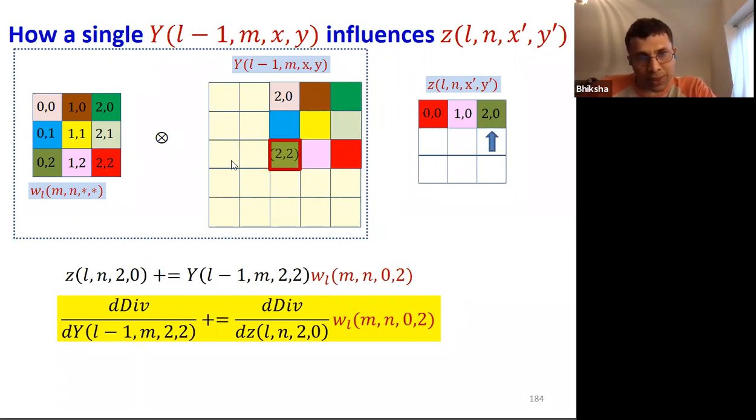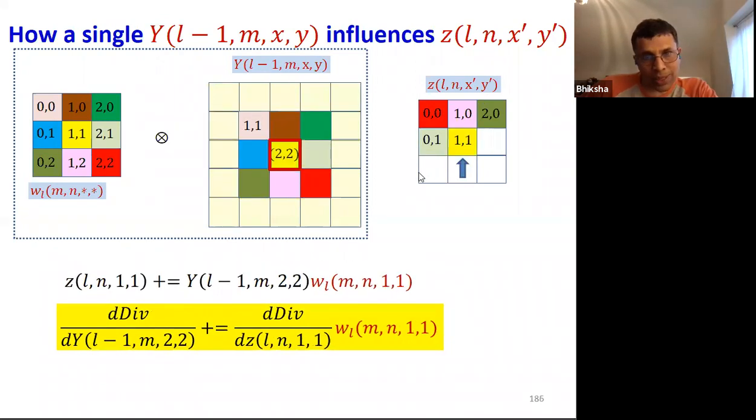And then if this filter slid forward, Y22 influenced Z20 through this W02, as we have in this formula here. So to compute the derivative at Y22, you have to multiply the derivative at Z20 by the weight at 02. So again, the color shows which weight it's being multiplied by.